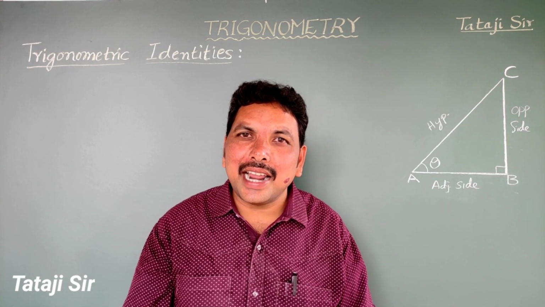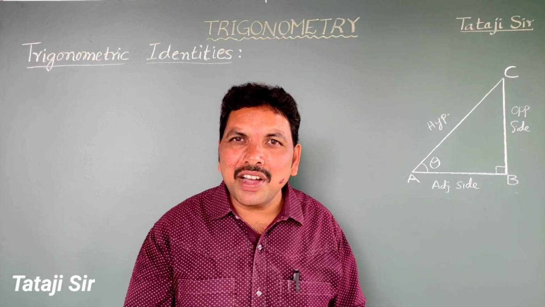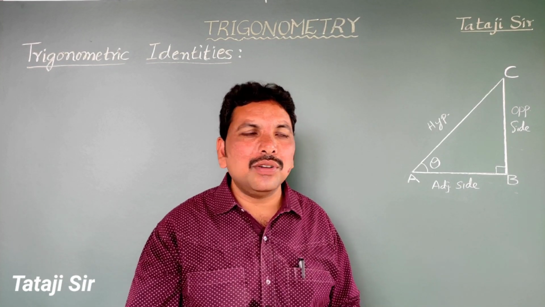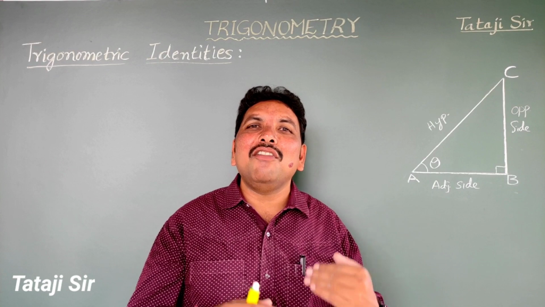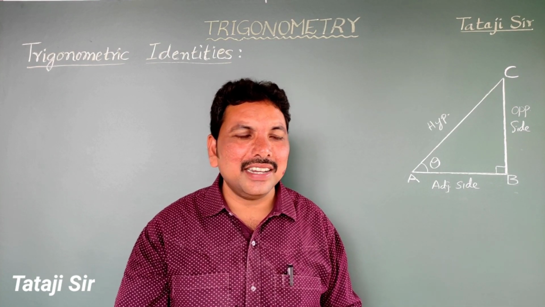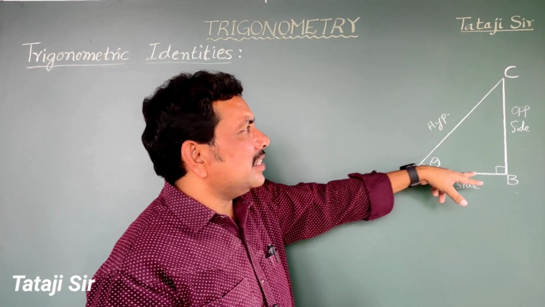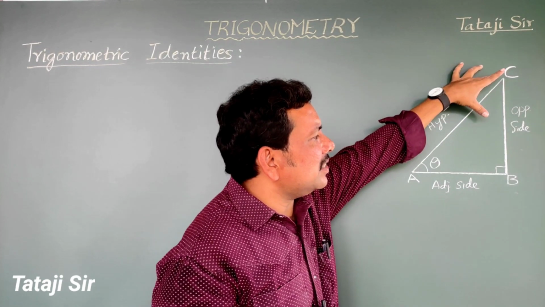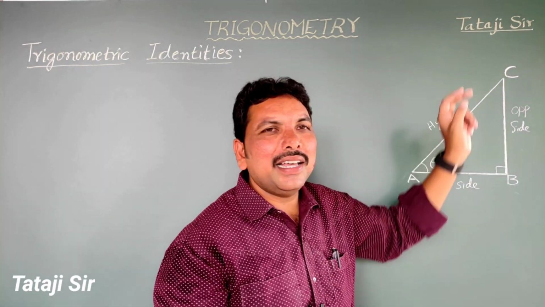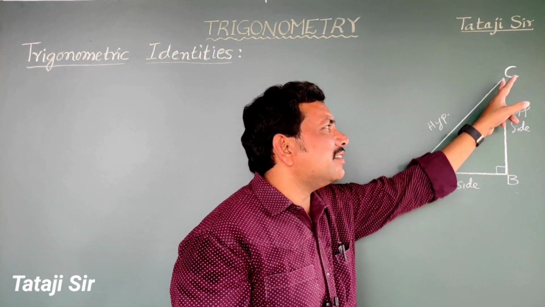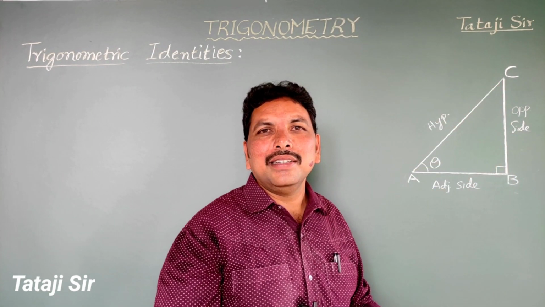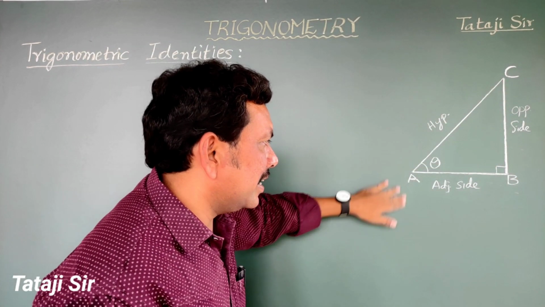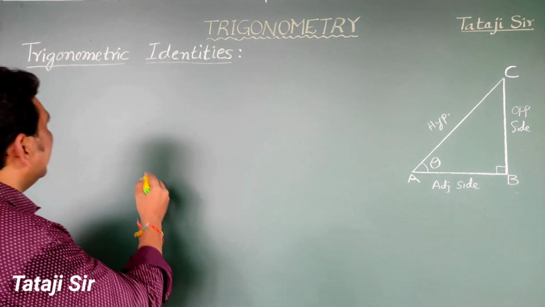In a right angle triangle, the square of the hypotenuse is equal to the sum of the squares of the other two sides. Right? Here, in this right angle triangle, AC square is equal to AB square plus BC square. Now, let's derive.